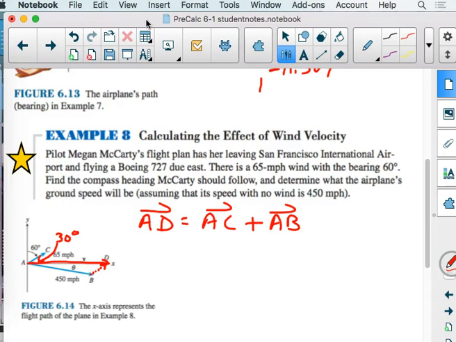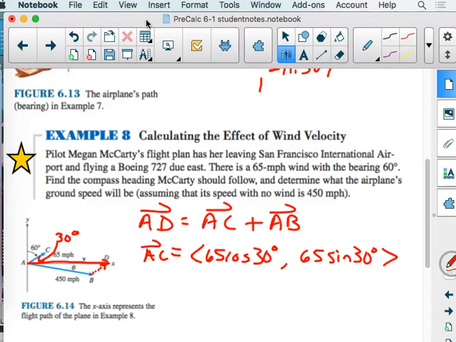Excellent, because that's magnitude. So for AC, we're going to have 65 cosine 30 degrees and 65 sine 30 degrees. I'm not punching anything in at this point because I'd like to keep everything exact. And with the trig in it right now, this is exact.